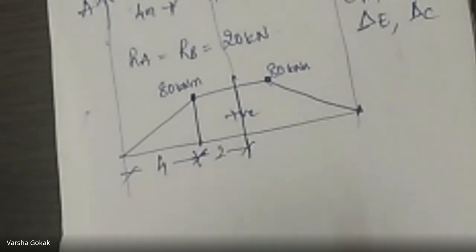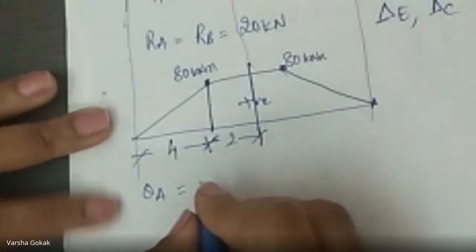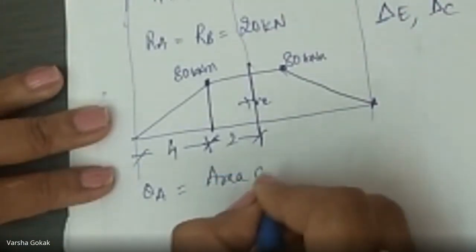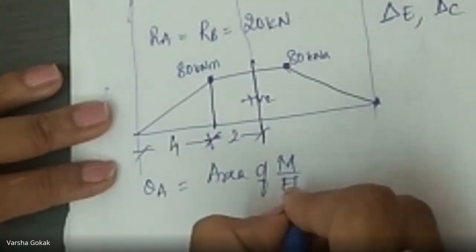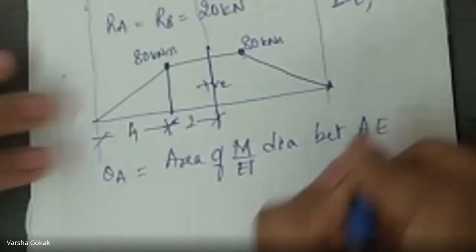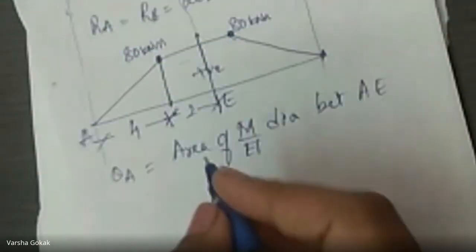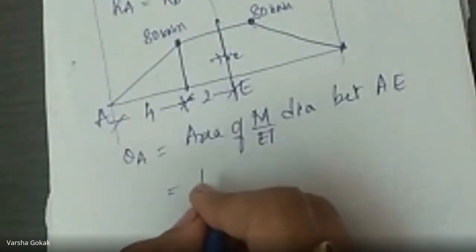Right? So now based on this, first let us calculate theta A, that is going to be the area of M by EI diagram between A and E. That is, this is A, this is E. Okay, so what is the area for this triangle first?